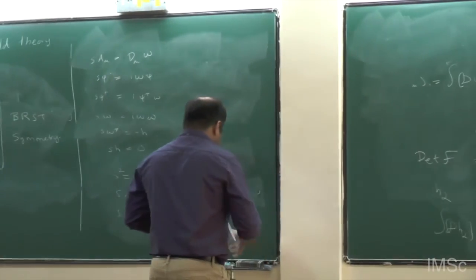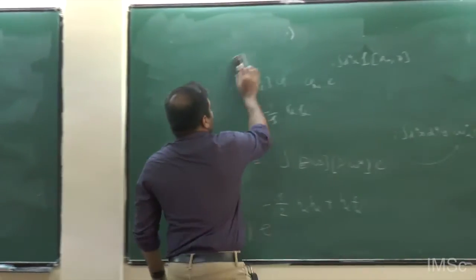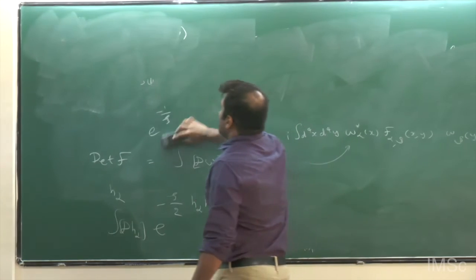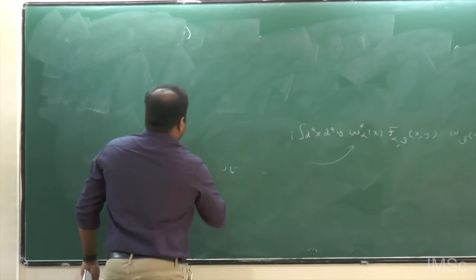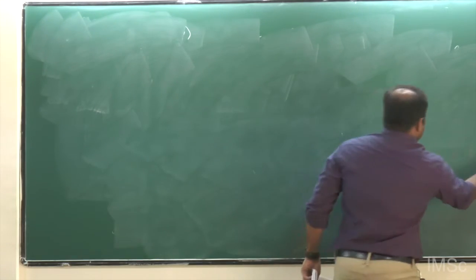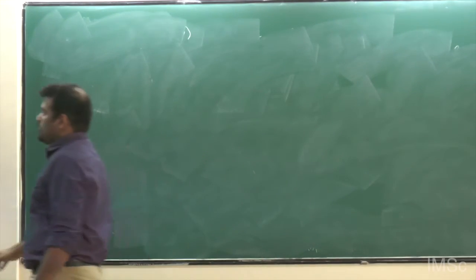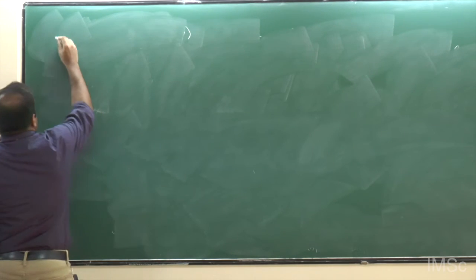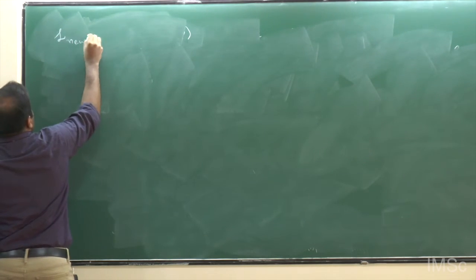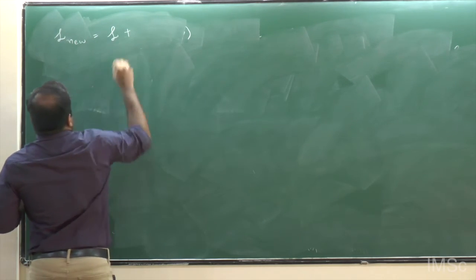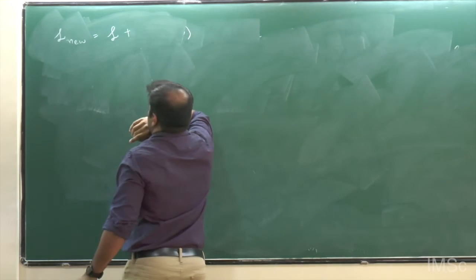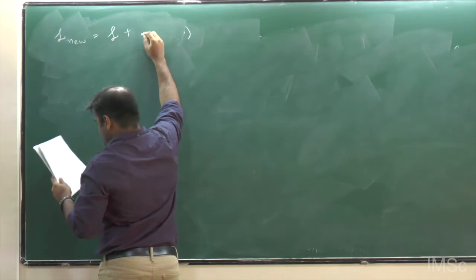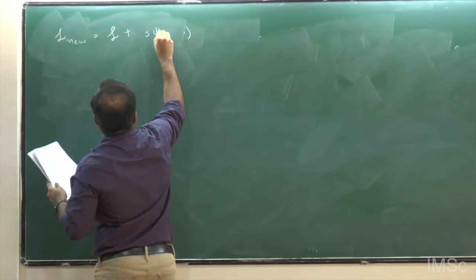Now the interesting observation is that the new Lagrangian is related to the old Lagrangian, the classical Lagrangian, in a simple way. It has an interesting structure. You can write L new as L classical, the Lagrangian for the matter field and the gauge field, plus S into psi.